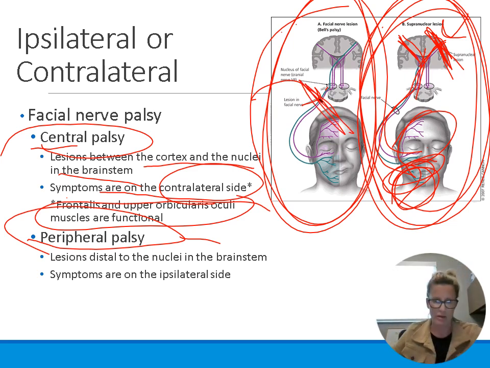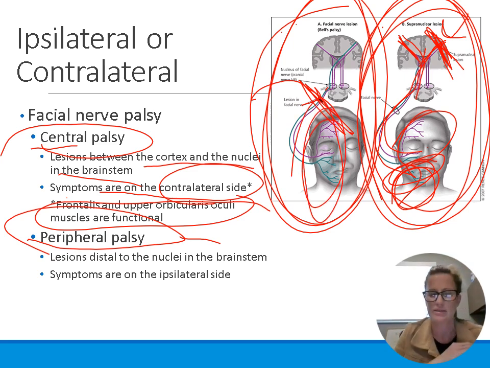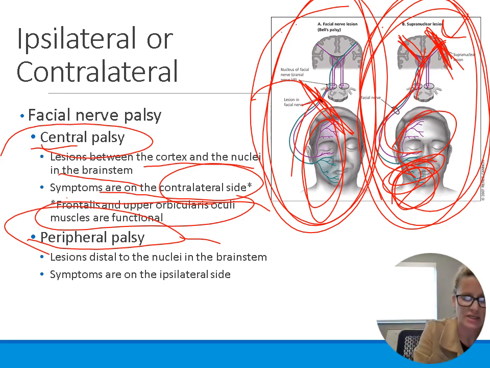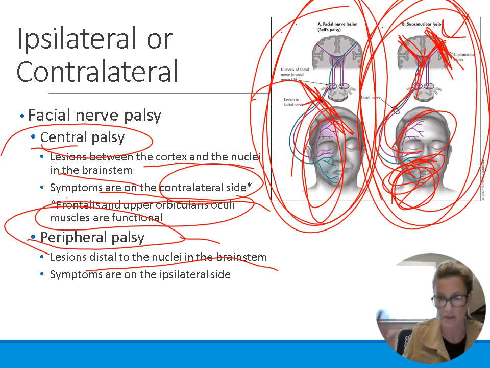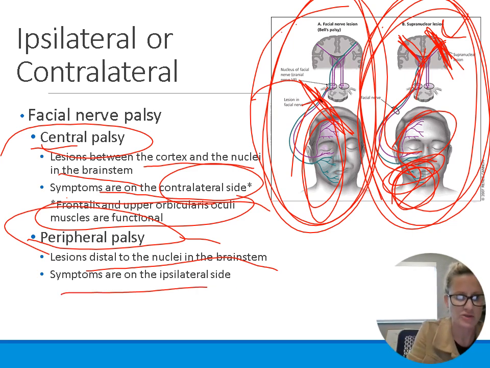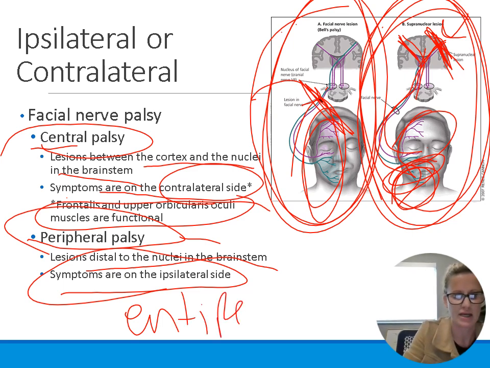So none of the fibers are getting through, right? It doesn't matter where they came from in the brain, none of them are actually going out to the face. So that means symptoms are complete on that entire ipsilateral side of the face. So lesions distal to the nucleus in the brainstem, for example, facial nerve, Bell's palsy, symptoms are on the ipsilateral side and the entire side of the face.